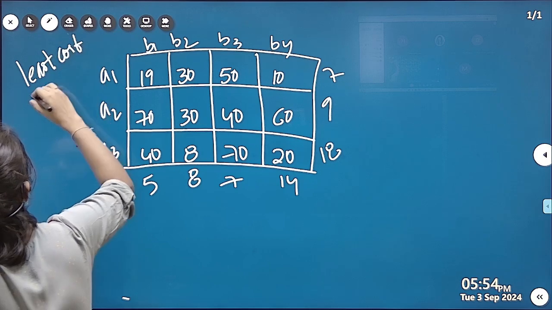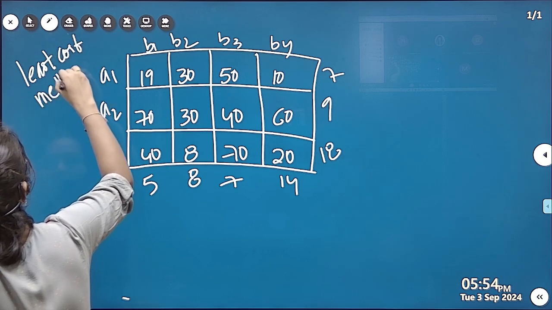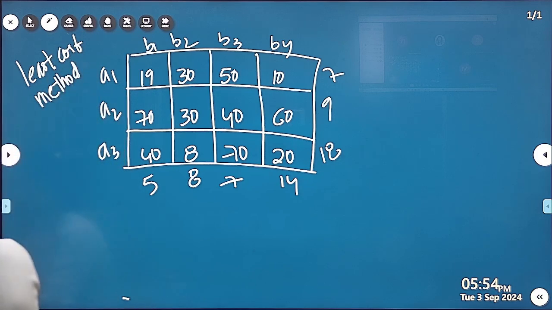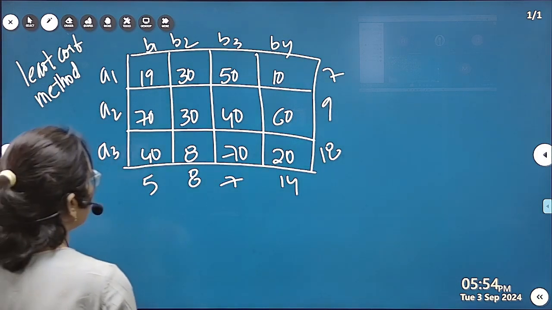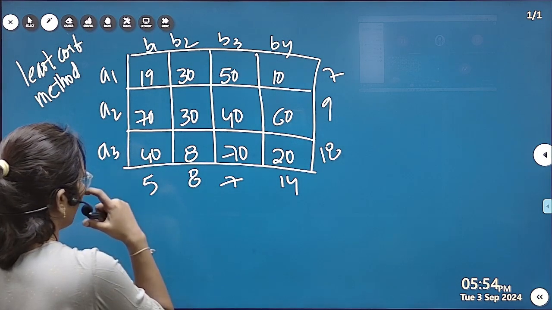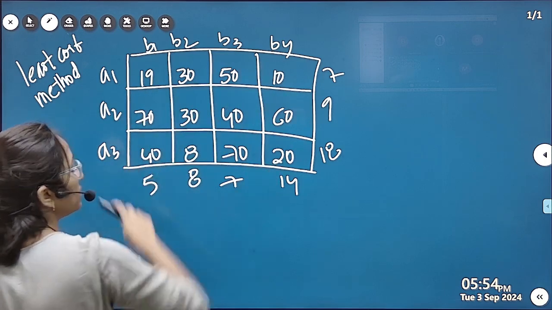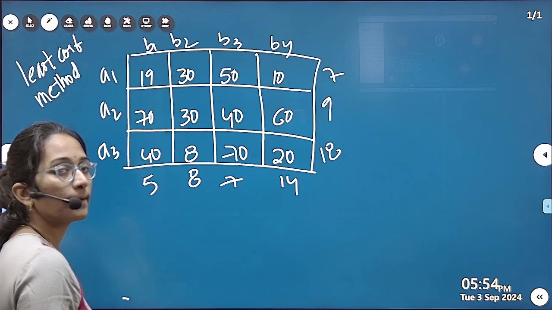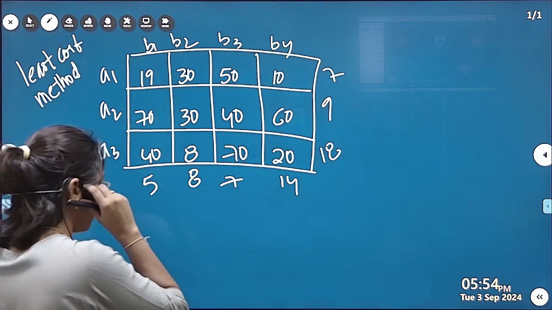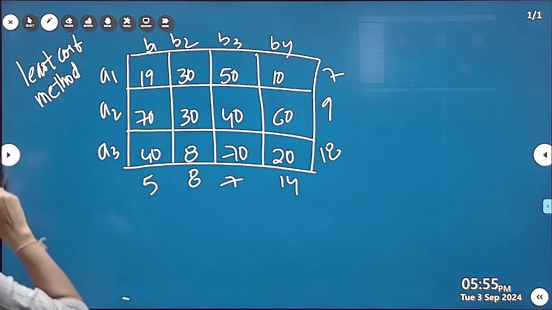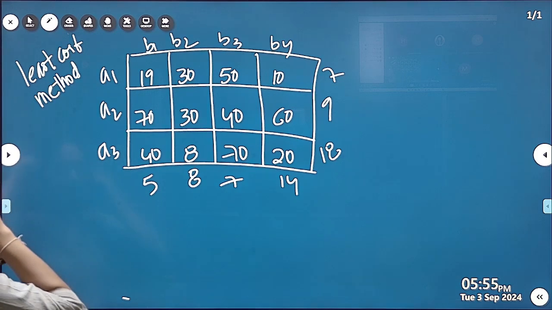Pay attention. So tell me in this, which one is the least cost? Here in this table, which one is least cost? मैम 8. So 8 का कितना यूनिट है A3 में, कितना है B2 में?